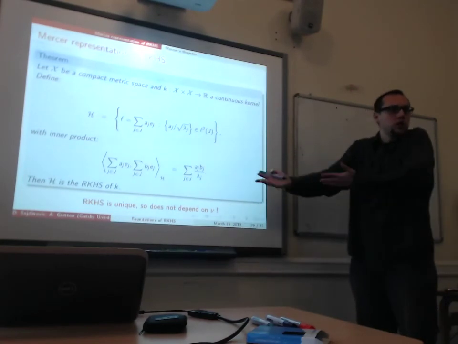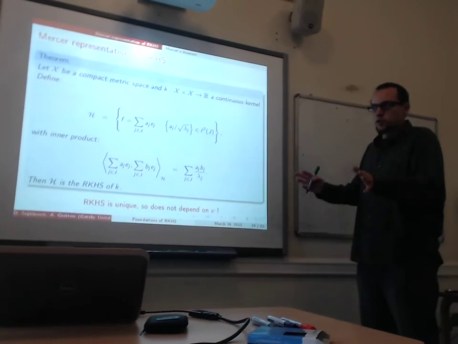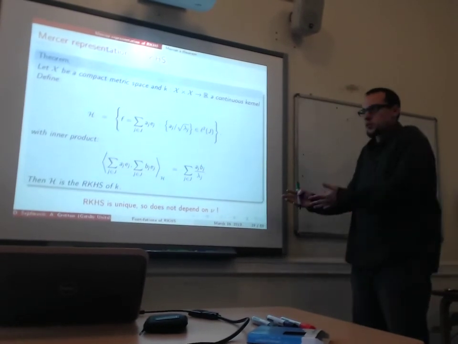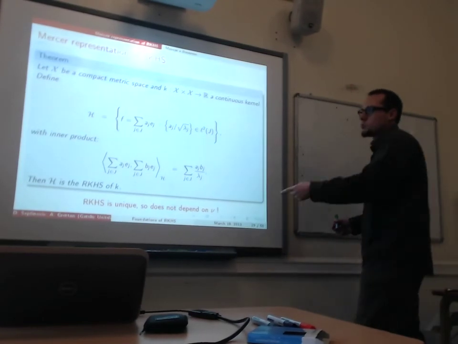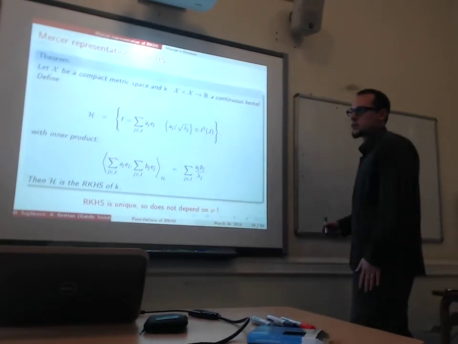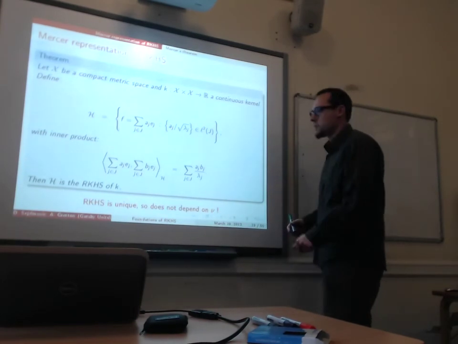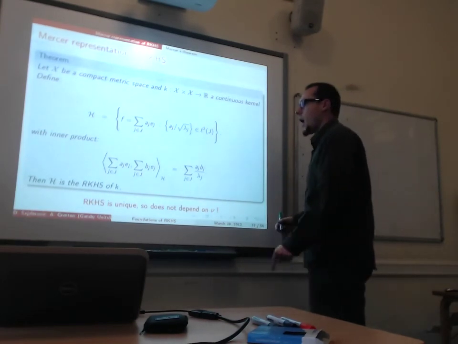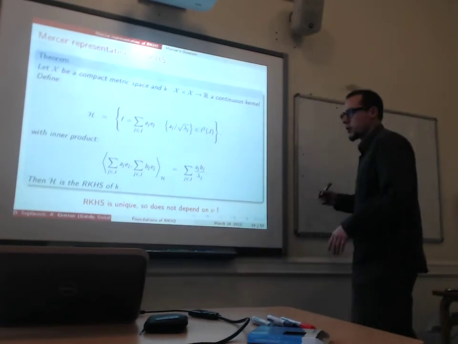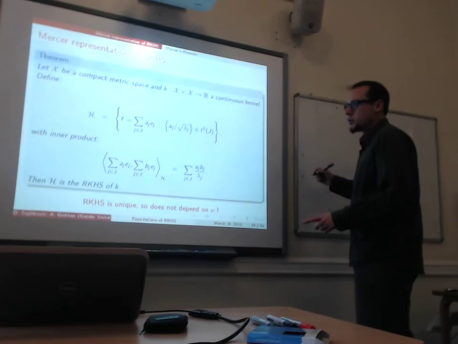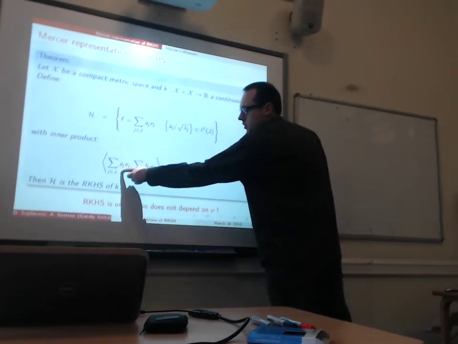We have to first show that this is an inner product space, then that it's a Hilbert space, and then that it is a reproducing kernel Hilbert space. You can easily see that this satisfies the properties of an inner product, which are linearity and symmetry, apart from positive definiteness, which is maybe not clear immediately. What I want is that this is equal to 0 if and only if the function in here is 0.